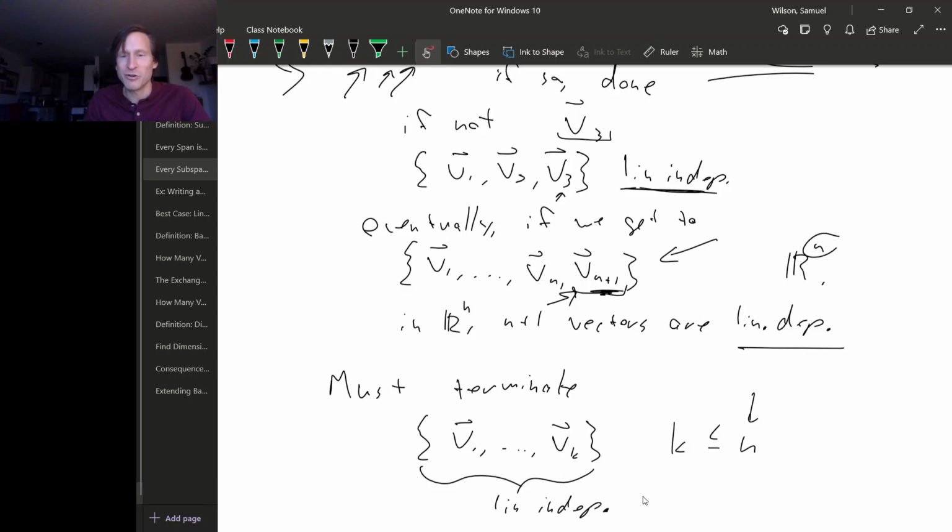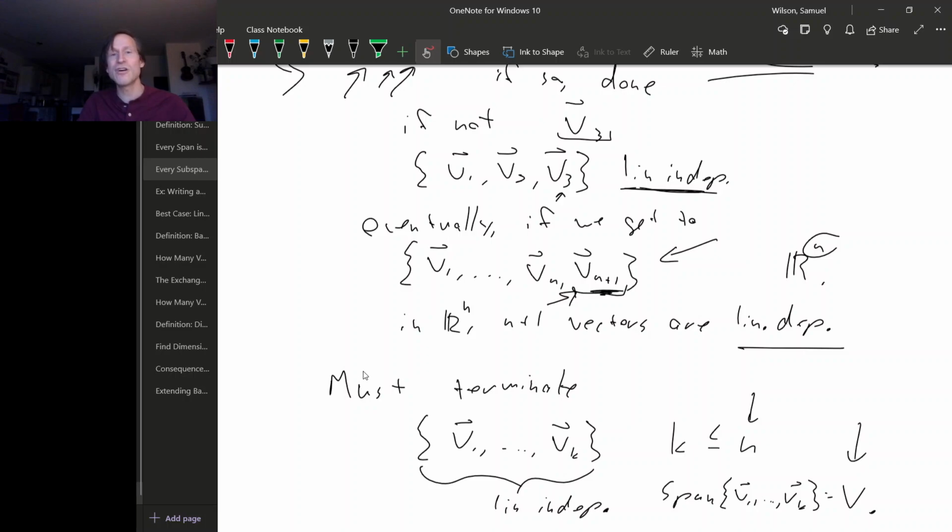Also, at this terminating point, the span of all of these vectors has to be all of our original vector space V, because this process only terminates if you span the entire space. So when it terminates, we must have actually spanned the entire space.